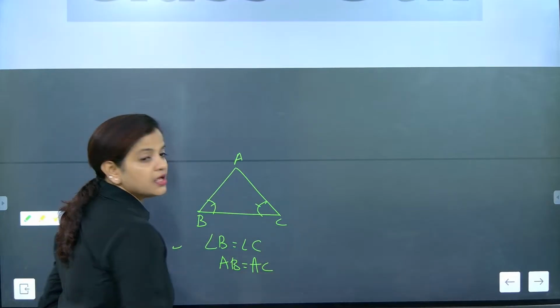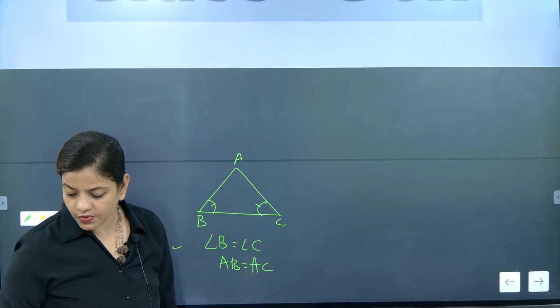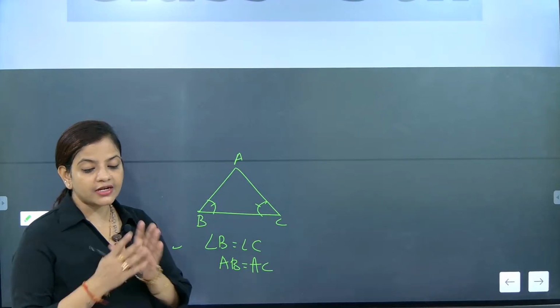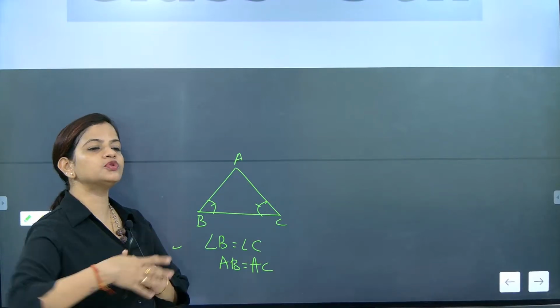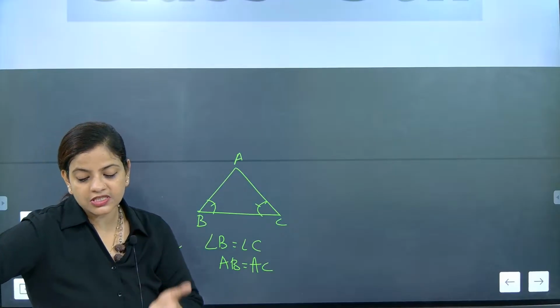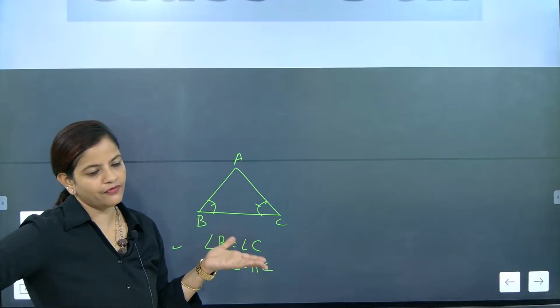So sides opposite to equal angles of a triangle are equal. That's the most important thing we must remember. Understood? Sides opposite to equal angles of a triangle are equal. Angles opposite to equal sides of a triangle are equal. Got it? So this is another theorem for triangles.